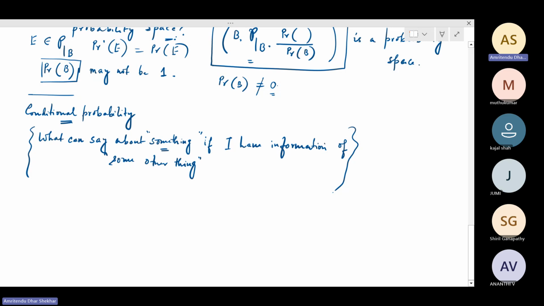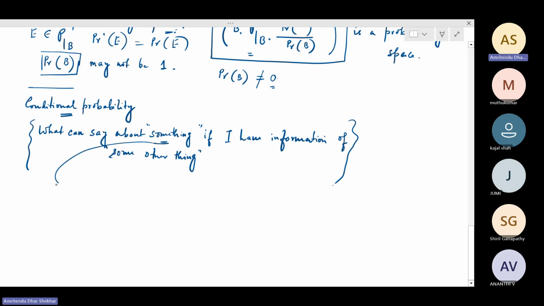Now, what is this something? In the language of probability, each of these somethings translates to an event.